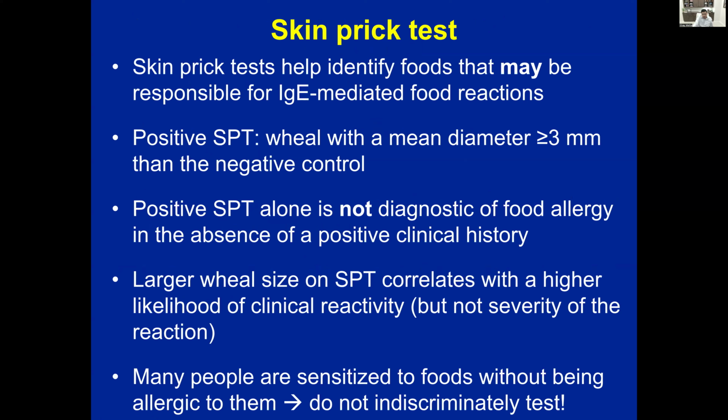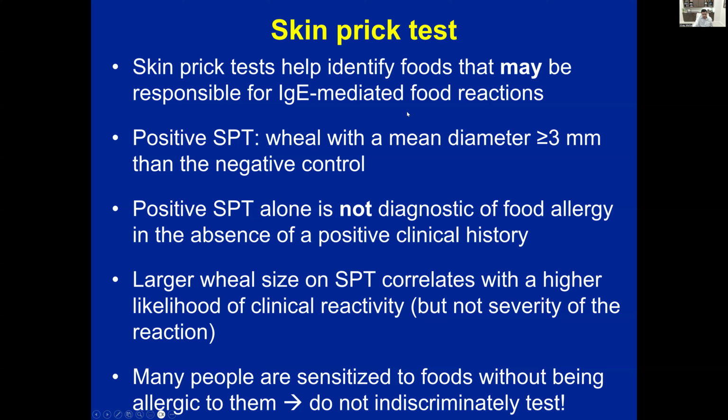All right, so what to do and what tests do we use? Well, skin prick tests help identify foods when you suspect an IgE-mediated food reaction. Many times, I would just do a skin prick test with the actual food itself. There's no need to use commercial antigen.